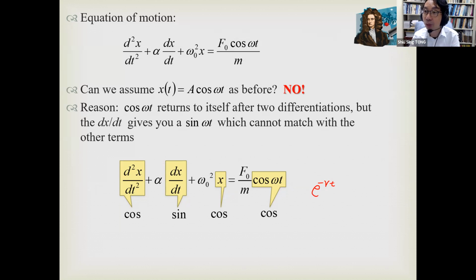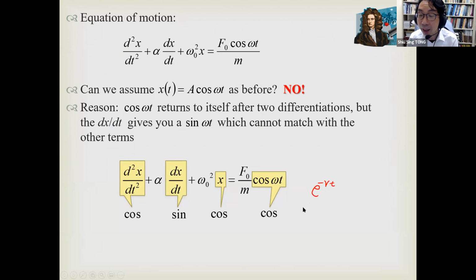Steady state means you have to wait some time for the transient oscillation to die down, and then you will have a steady oscillation. Okay, so what we are looking for in this case is not the general solution to this problem. The general solution will involve the exponential decaying factor, as I told you.